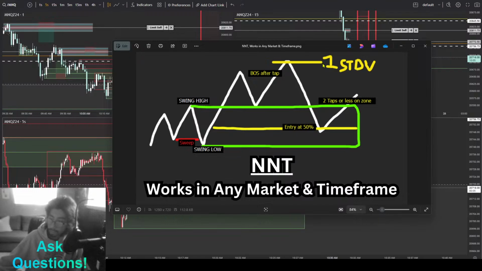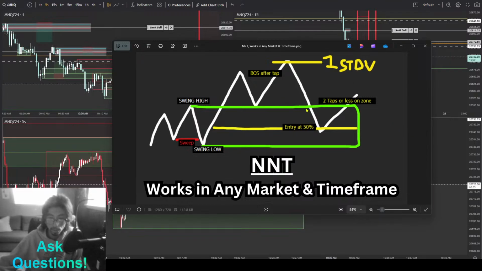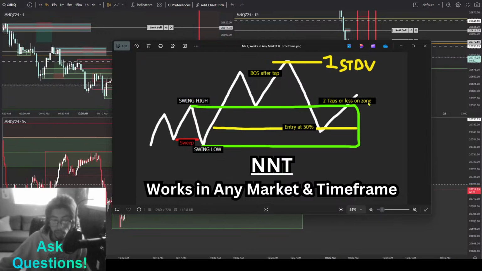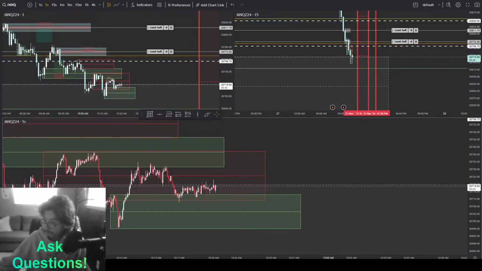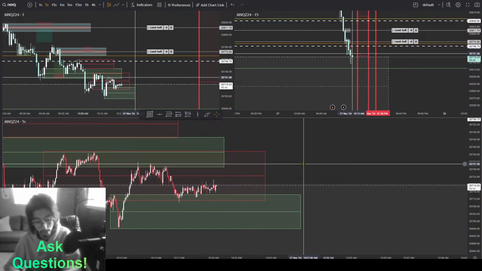Standard deviation is 100% away from the zone, and we want fewer than 2 taps in the zone. After standard deviation, we do not need taps, so we will put our order after standard deviation. If we get 2 taps, it's okay. If we get a third tap, we take the order off and put it back over here. If you have questions, please ask. I'll help you out.